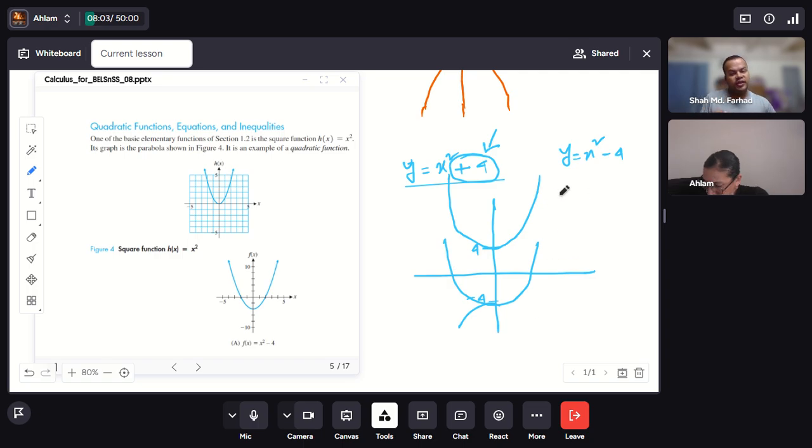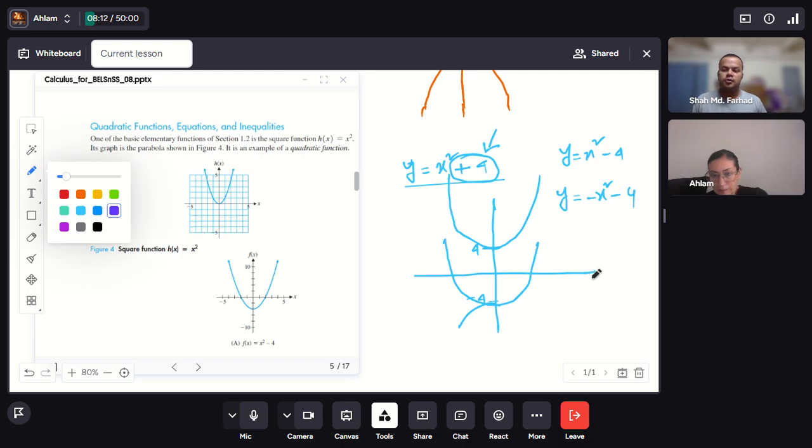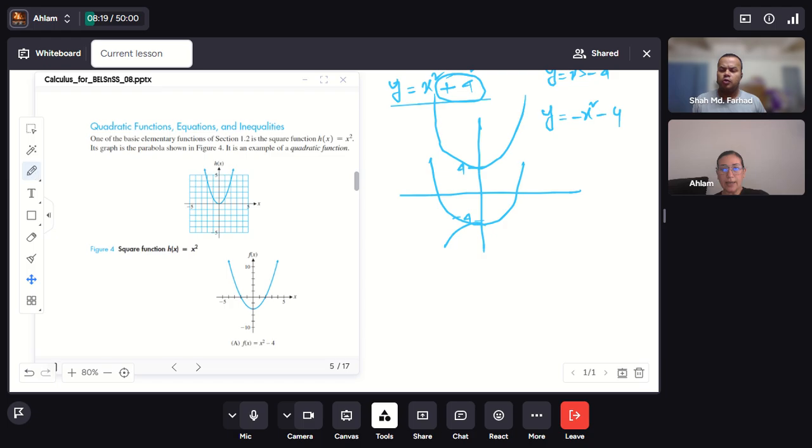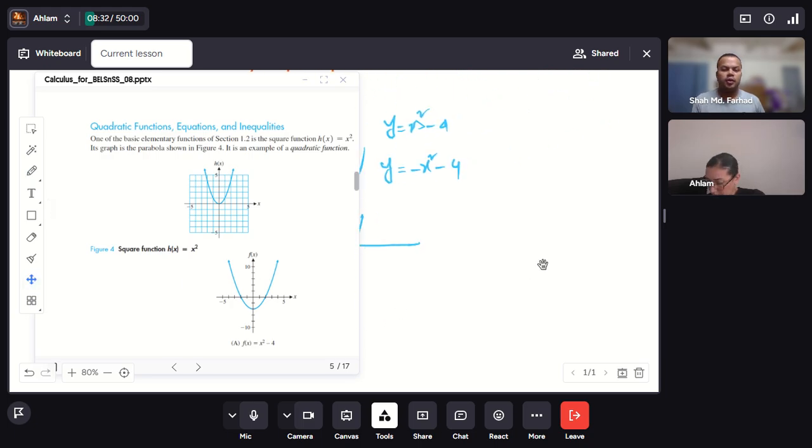And if we are given y equals negative x squared minus 4, so what will happen here? Yeah, down, right? Just like this, right?